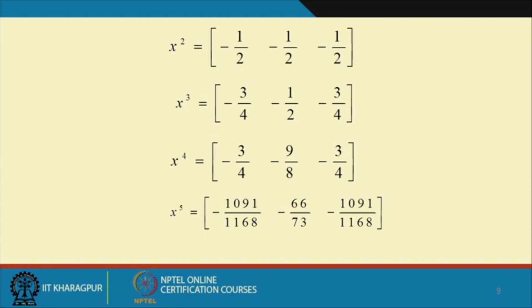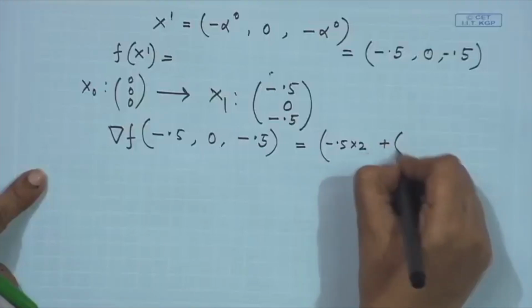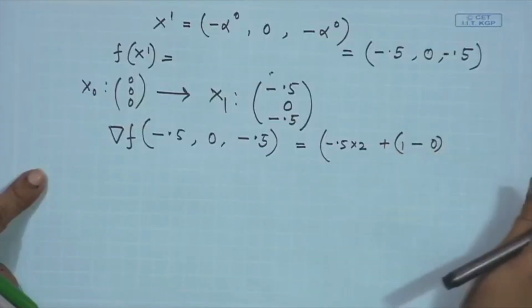Now, if we just find it out, what was my delta f 1, I will tell you. What is my delta f? Delta f by delta x 1 has the value 2 x 1 plus 1 minus x 2. If I substitute, then it would be minus 0.5 into 2 plus 1 minus 0. This is one point.